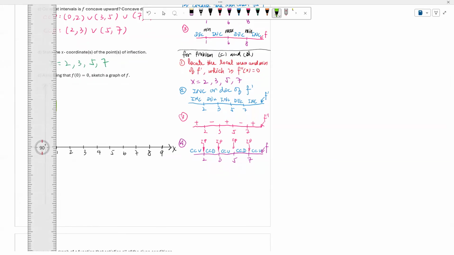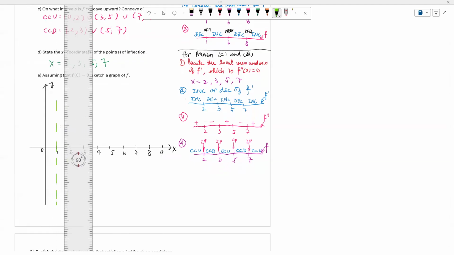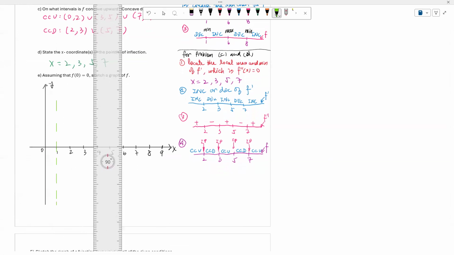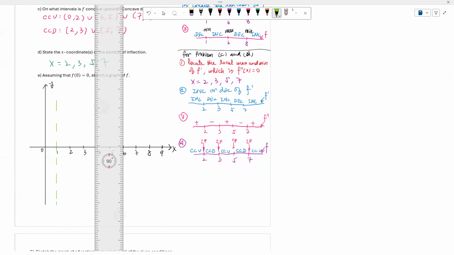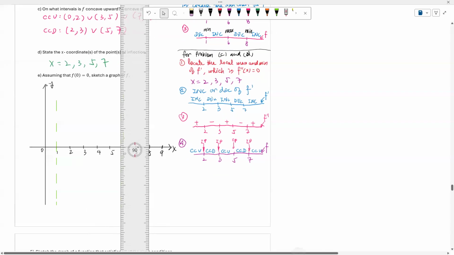So we draw a dashed vertical line over x equal to 1, x equal to 6, and then 8. Then okay.